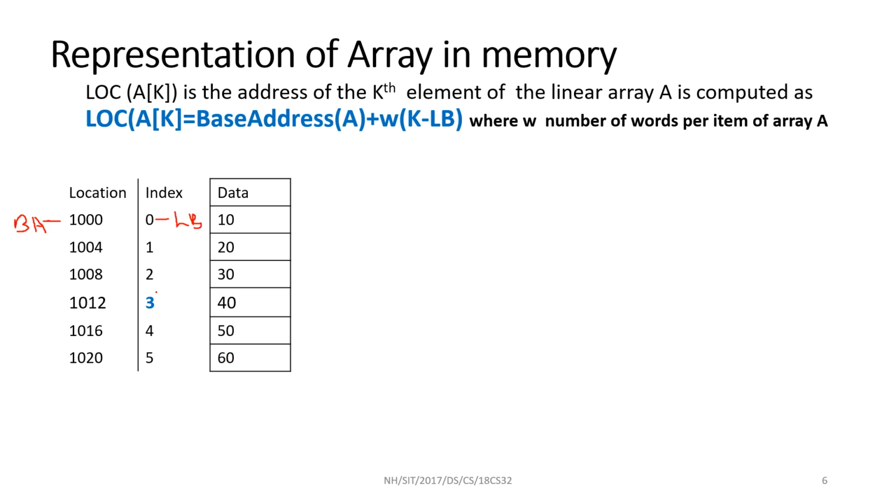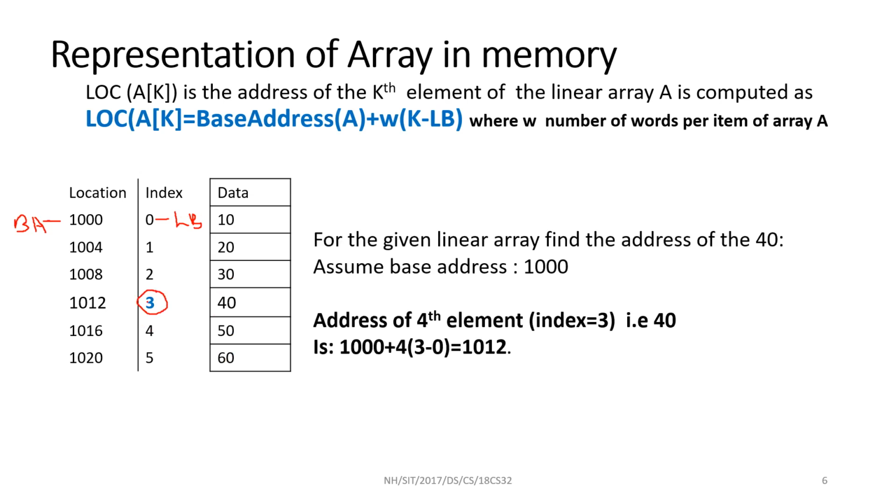Now I want to compute the physical address of position 3. How do you compute it? That can be computed as base address 1000 plus word size of each data item 4, times k value 3 minus lower bound 0.